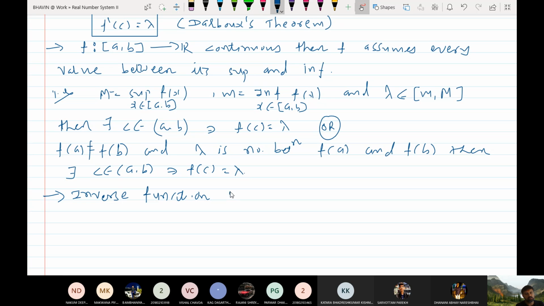roughly speaking, inverse function theorem is, suppose you are given f from closed interval [a, b] to R, which is differentiable, continuous, and one-one, and differentiable at x0. Or let me take continuously differentiable.